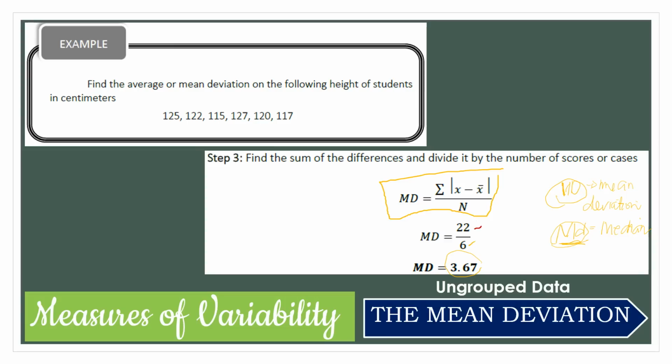And the value of n is 6. We divide those two. 22 divided by 6 is equal to 3.67. That is the mean deviation for this example.